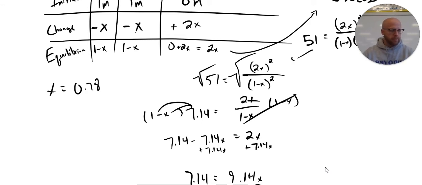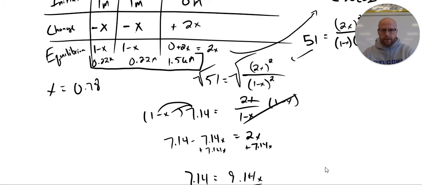So I have 1 minus 0.78, and I get 0.22, 0.22, and I have 0.78 times 2, and that gets me to 1.56. So here are my final answers for my concentrations.